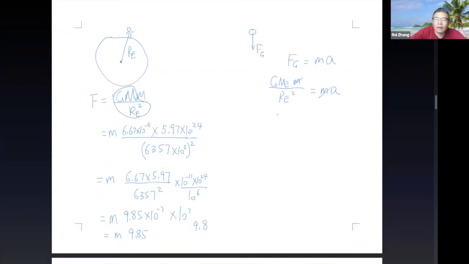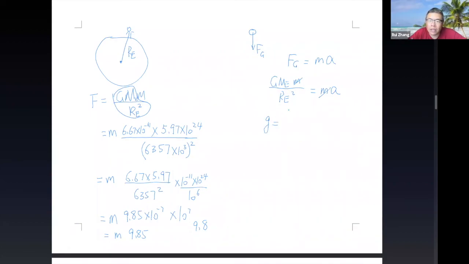So that's why when you calculate this combination, you get 9.8, because it should be 9.8. It doesn't depend on mass because mass cancels out on both sides of this equation. And that's what we call g, lowercase g.